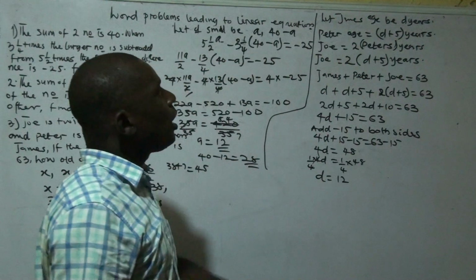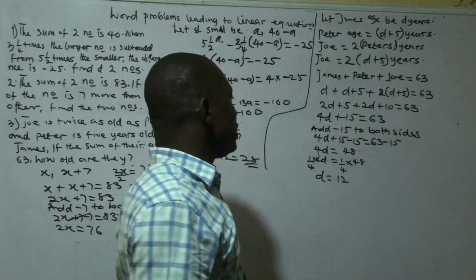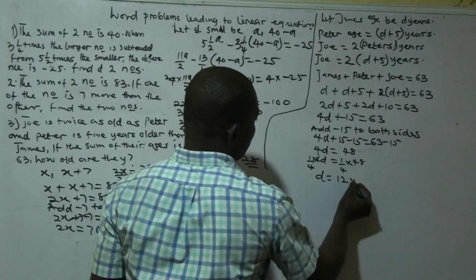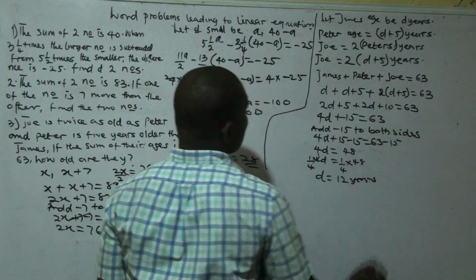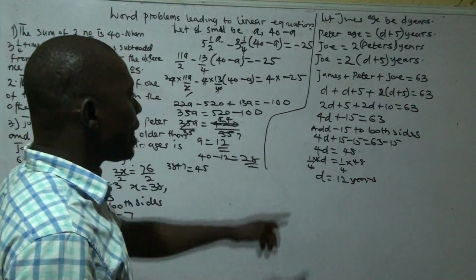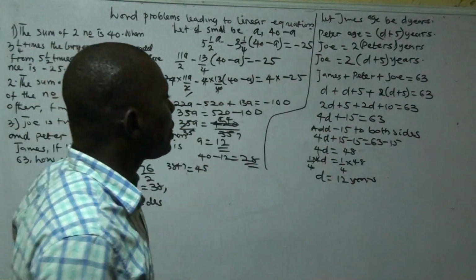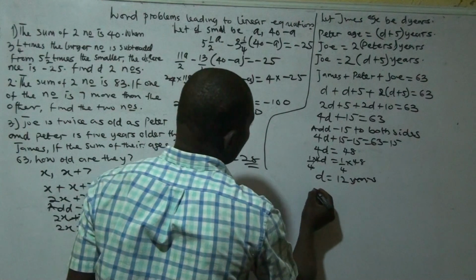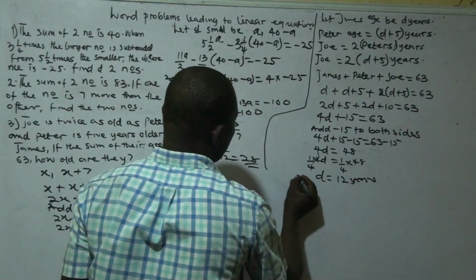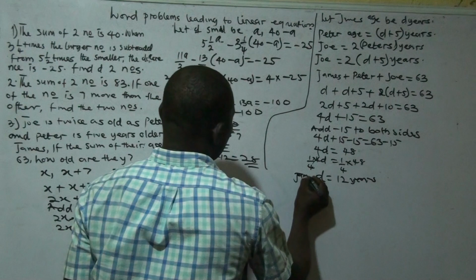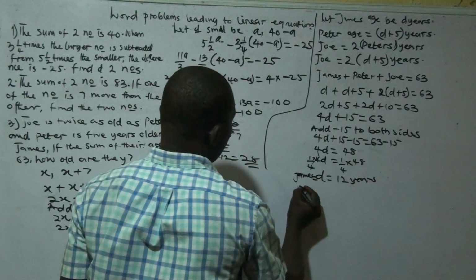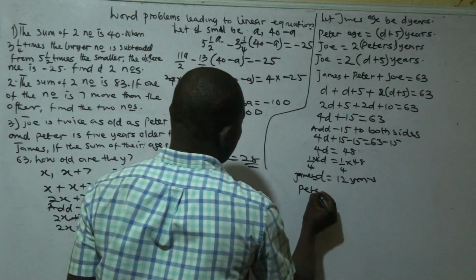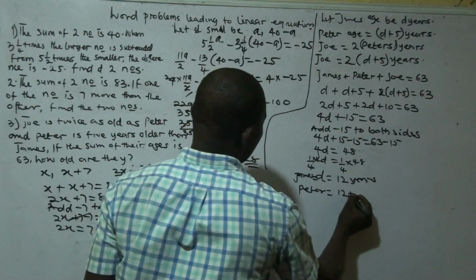That means James's age, James is 12 years. Okay, let's find Peter's age. James is equal to D, then Peter's age is 12 plus 5.